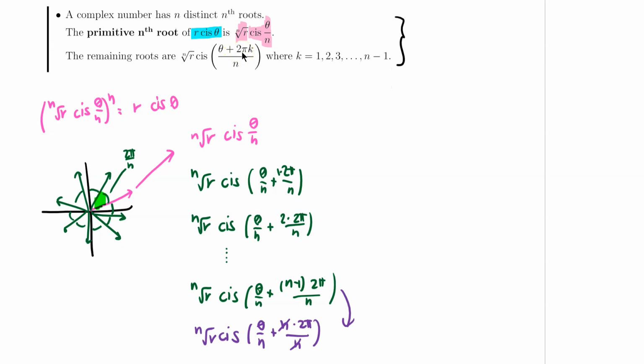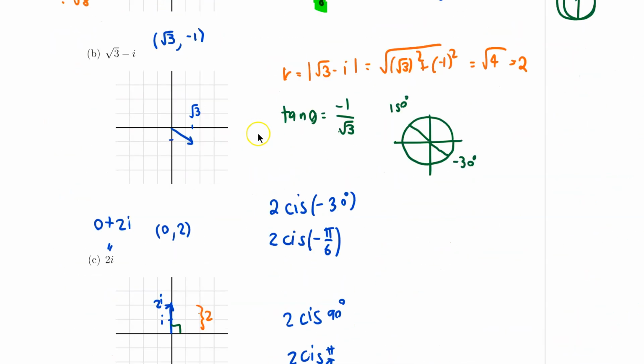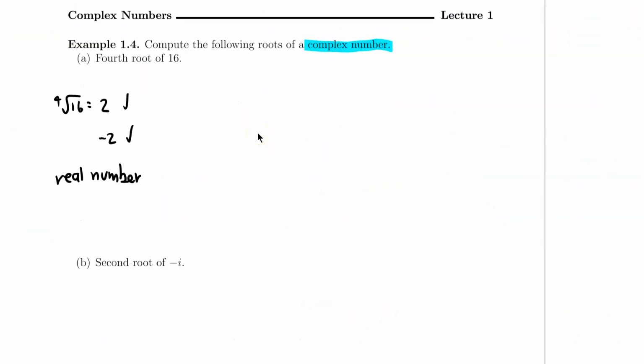So sometimes in the textbook, they will say that all the nth roots of r cis theta are going to be the nth root of r times cis of theta plus 2 pi k over n, where my k runs from 0, 1, 2, 3 to n minus 1. And this is because when my k is 0, this is going to be the same as the primitive root anyway. So now let me go back to the example earlier and continue that.